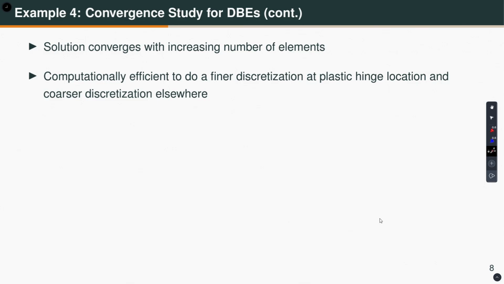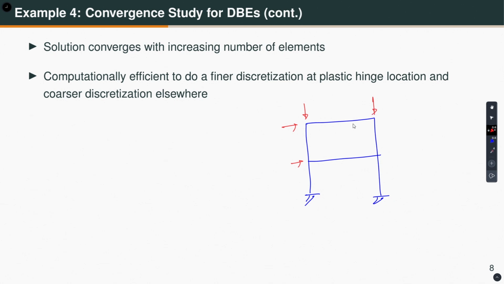Okay. So, what we conclude from here is that the solution converges with increasing number of elements, but is it very efficient computationally? For example, let us say I have to model this multi-story building frame, right. I am just showing, for example, 2-story. Now, this is subjected to lateral load as well as gravity load.